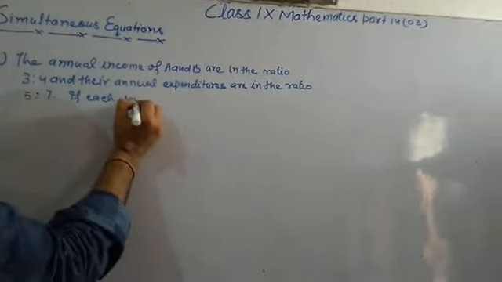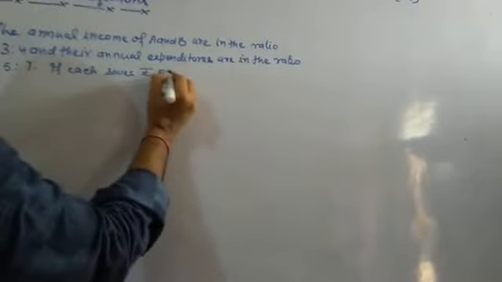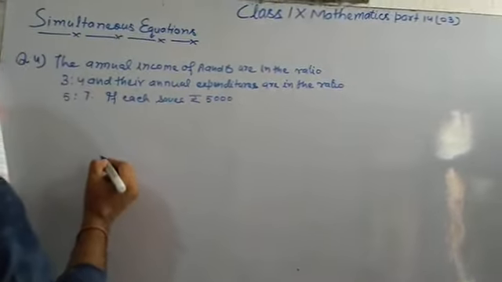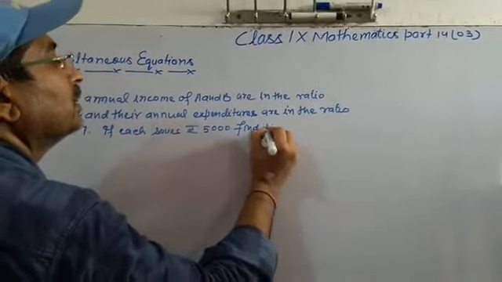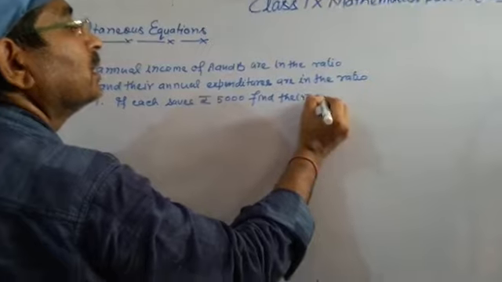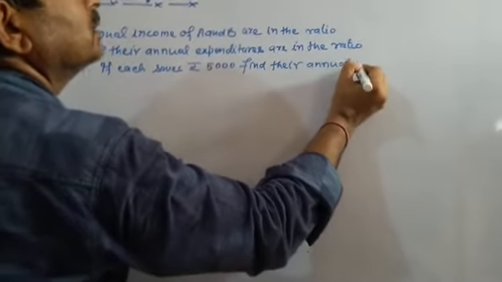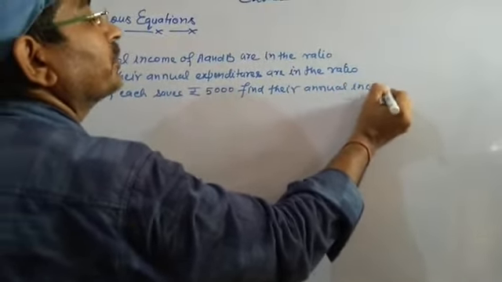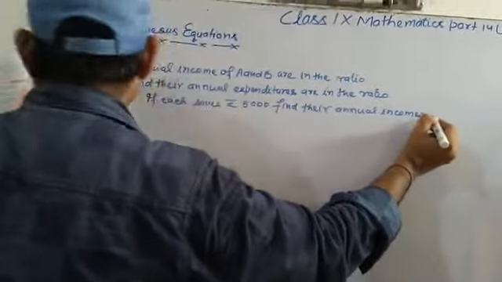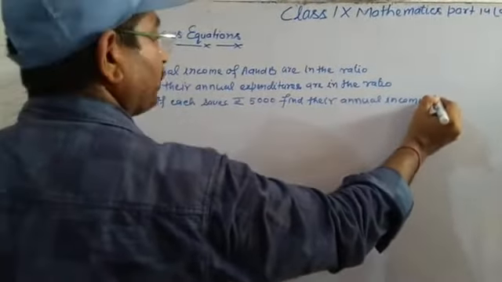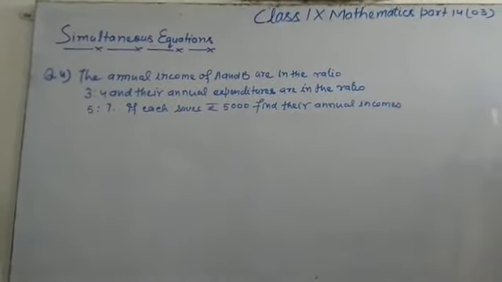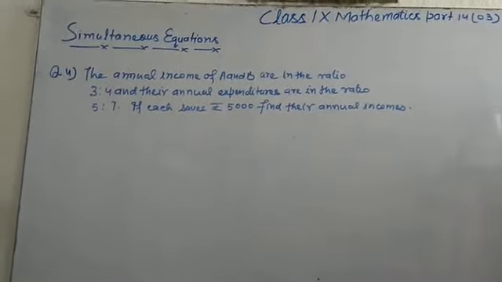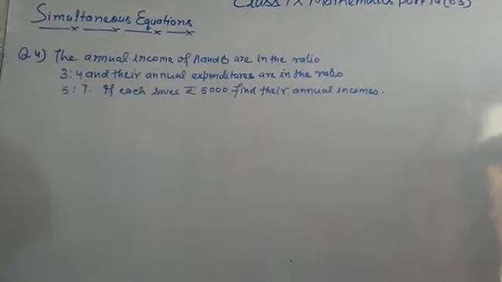Each saves rupees 5,000. Find their annual incomes.